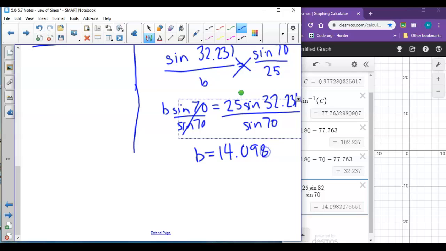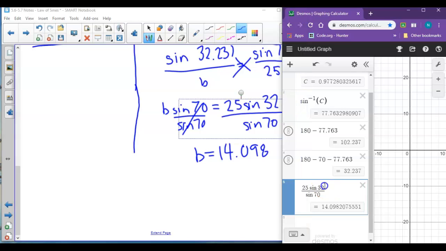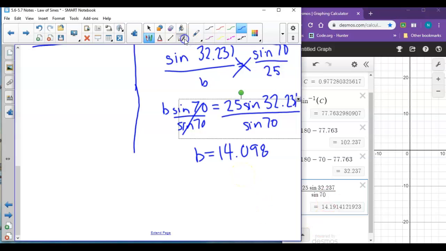Now that's going to be slightly off because I did round. Actually, it's going to be way off. That should have been 32.237. Let's see how much difference that makes. All right, 14.191. Sorry about that. Okay, and so that is one of the possibilities.